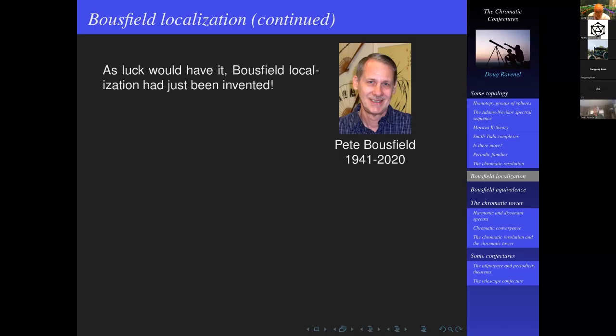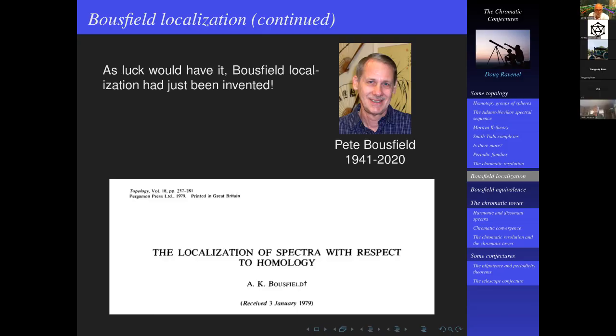Anyway, after that, he invented the perfect tool for this purpose. And it is something now known as Bousfield localization. And this is the title of his paper that he published in 1979. Perfect timing.